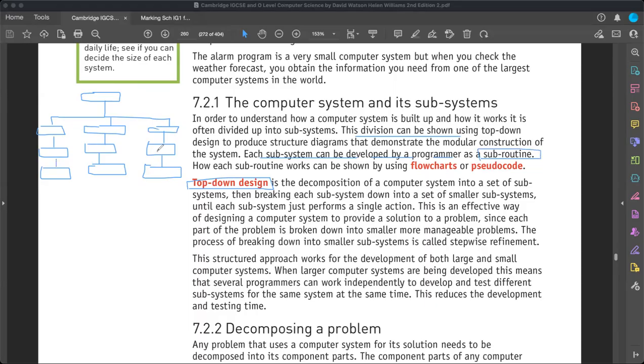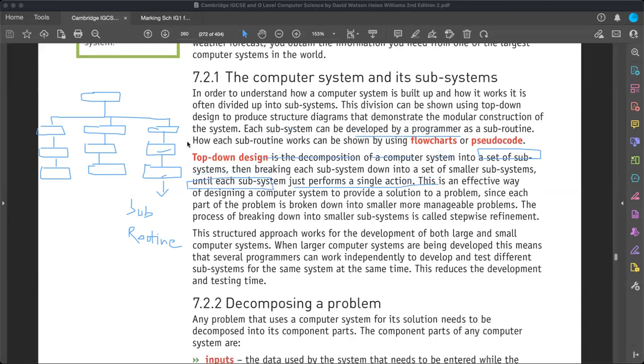So every box is also called a subroutine or subprogram. There are many names for the same thing here. Clear? So subsystem and subroutine are the same. Top-down design and structure diagram are the same. Top-down design is also the decomposition of a computer system, right? Any confusion?